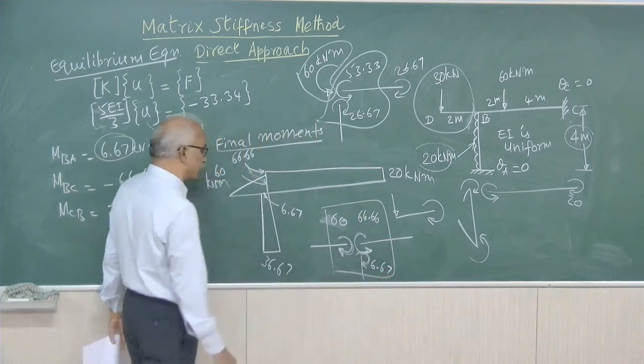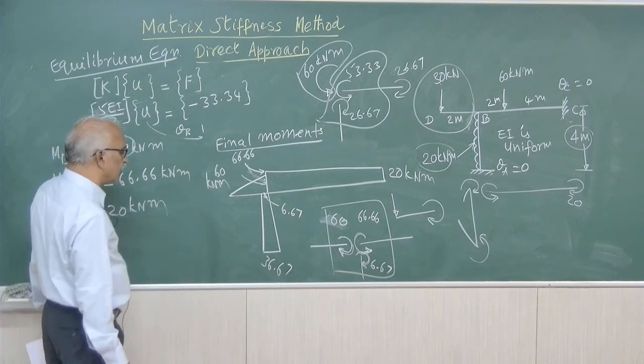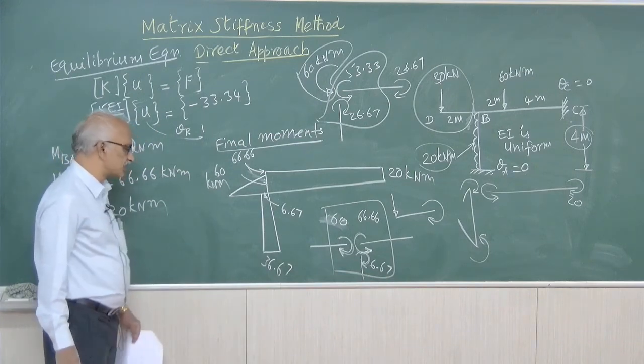That is how we have to check the values at the junction of the three members.